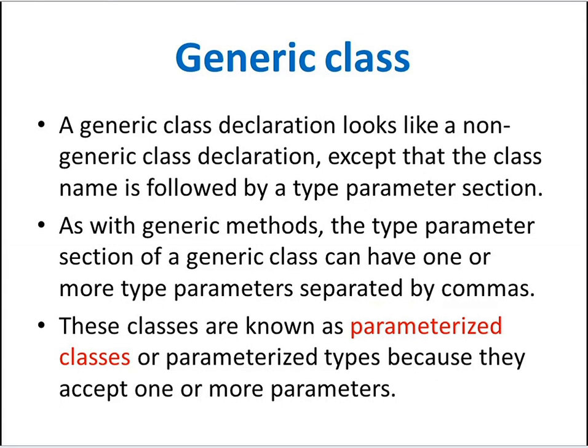As with a generic method, the type parameter section of a generic class can have one or more type parameters separated by commas, meaning you can declare more than one generic data type. These classes are also known as parameterized classes or parameterized types because they accept one or more parameters.